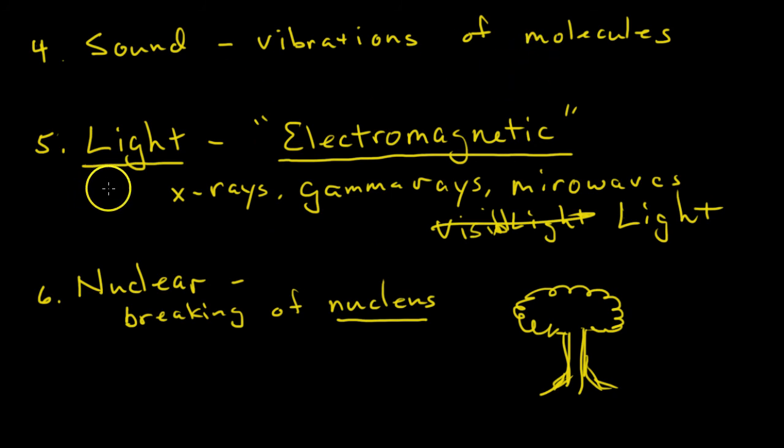Light energy, important to remember that it's the entire electromagnetic spectrum: X-rays, microwaves, visible light, infrared rays as well. Anything on the electromagnetic spectrum. And then also nuclear energy is the breaking down of the nucleus, either fission or fusion when we get to it. And that creates an enormous amount of energy.